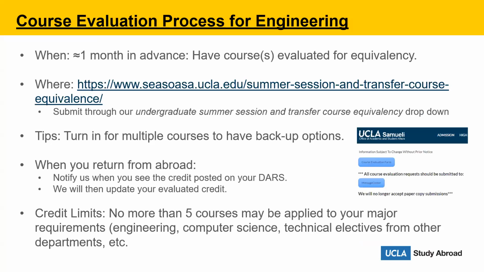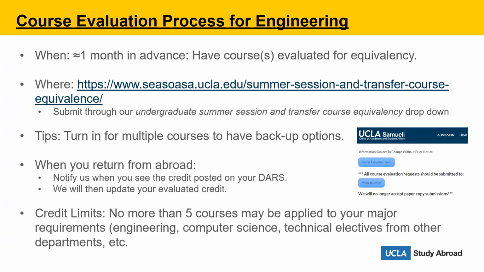And then the course evals here. So one last thing, super important. We're going to be talking about different programs that UCLA offers and different ways that you can make sure you get credit, meaning that the coursework that you take is transferable.